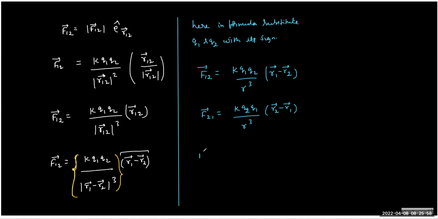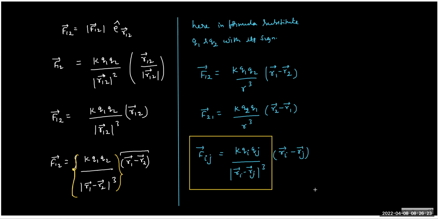So you can say that the force between any particles I and J is K QI QJ upon mod of RI minus RJ whole cube, times the vector RI minus RJ, and this is our final formula.